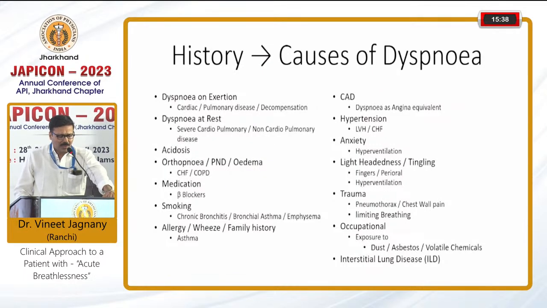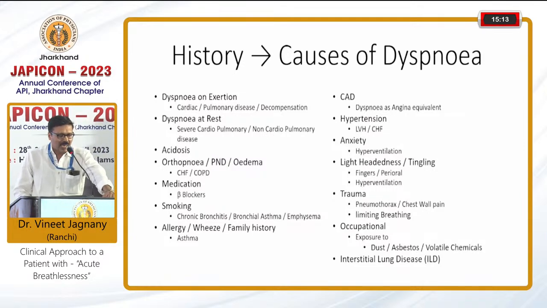So if we talk of causes of dyspnea, and if it is occurring on exertion, we should think of cardiac and pulmonary causes. If it is at rest, probably the severity is high. Sometimes metabolic disorders can lead to dyspnea. Orthopnea is more common in congestive heart failure. Beta blockers are also known to cause dyspnea. Smoking leads to asthmatic cause, and wheeze leads to asthma.